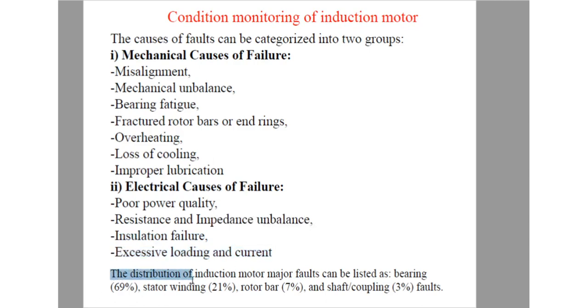The distribution of induction motor major faults can be listed as follows: approximately 69% of faults occur because of bearings, stator winding 21%, rotor bar 7% and shaft coupling 3%.